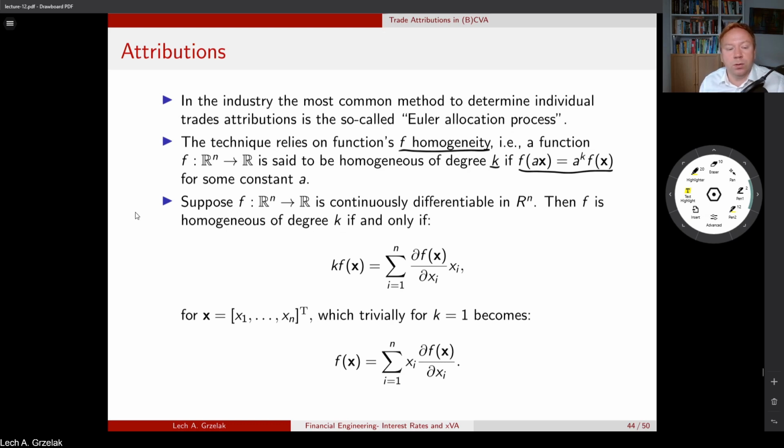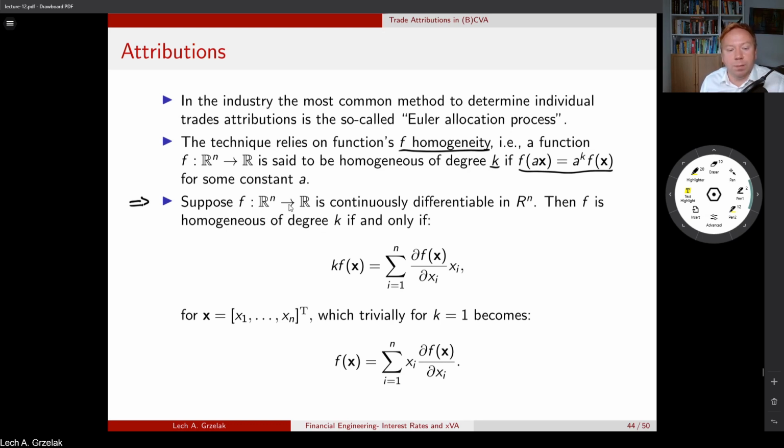And this is actually the key element for the decomposition of xVA into individual contributors, such that the total sum is preserved, in the sense that it is equal to the portfolio exposure.